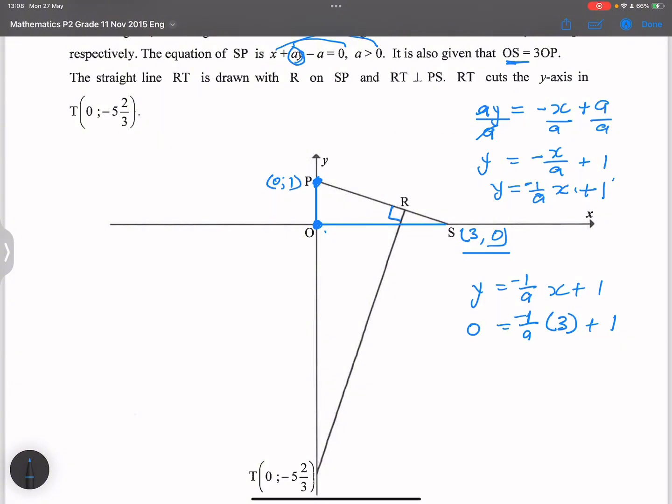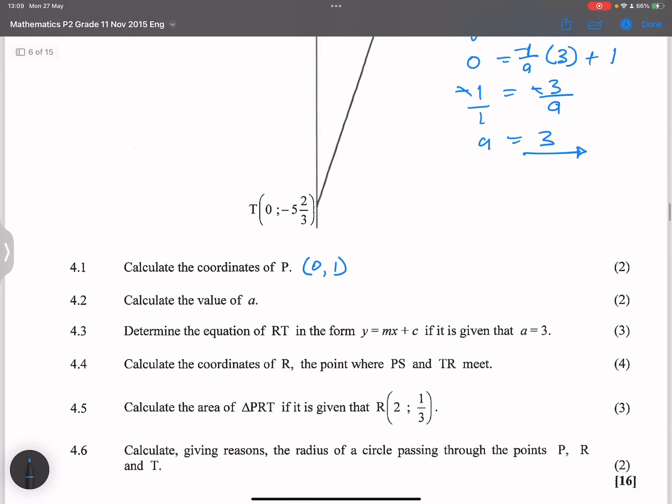So that means negative 1 is negative 3 over a, right? And if I cross multiply, the negative and the negative cancel out. So a times 1 is a, and 3 times 1 gives me 3. So the value of a will be equal to 3. Remember, we substituted the coordinates of S, which is (3, 0). Right, so we found out that a is equal to 3.